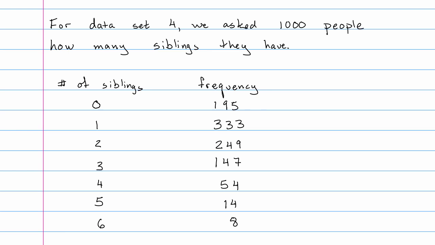So how are we going to enter this on the calculator? We certainly don't want to type in 0 195 times. Fortunately, the calculator gives us a way to enter frequency lists.